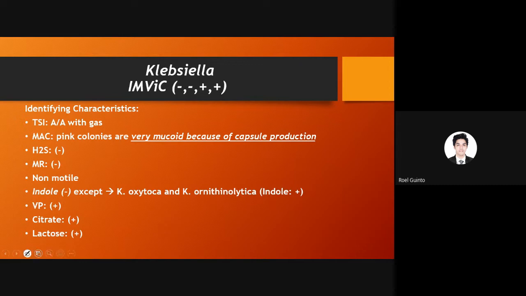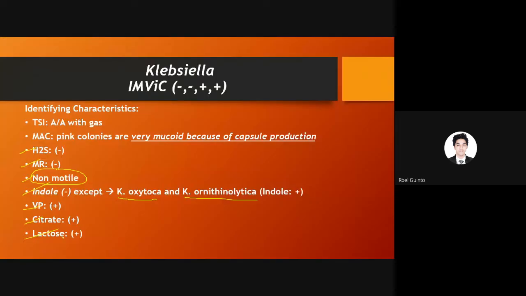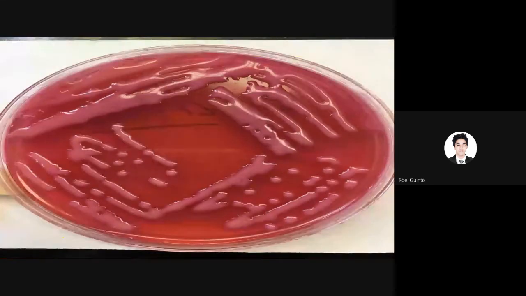So H2S negative, methyl red negative, non-motile, indole negative except for Klebsiella oxytoca and Klebsiella ornithinolytica because they are indole positive, VP or Voges-Proskauer positive, citrate positive, and of course lactose positive. So this is the example of Klebsiella under MacConkey agar. Di ba sabi natin kanina, the colonies are very mucoid.